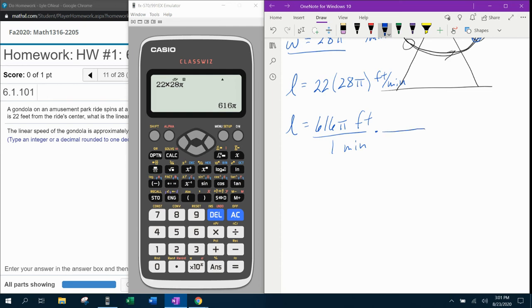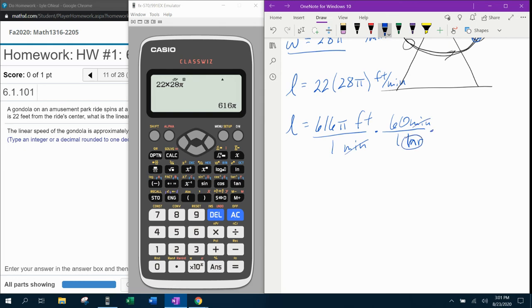In order to convert that into miles per hour, we're first going to have to convert, let's say, minutes to hours, okay? So we know that there are 60 minutes in an hour. And the reason I put the minutes on top is because I want the minutes to cancel. So minutes on top and minutes on bottom, the minutes will cancel and leave me hours.